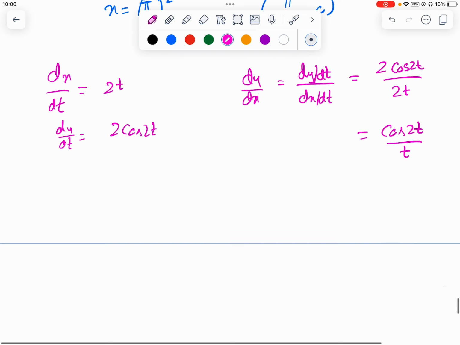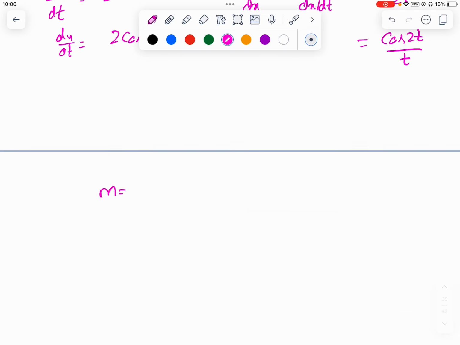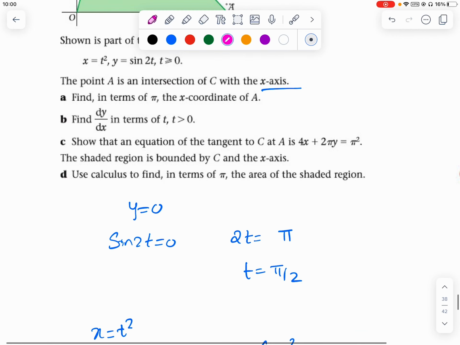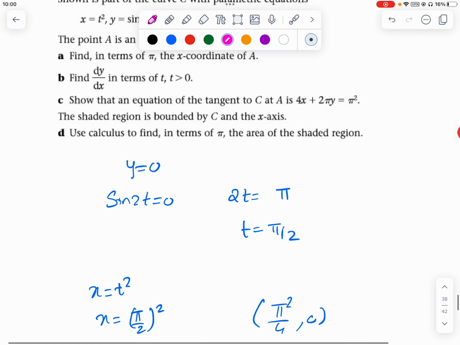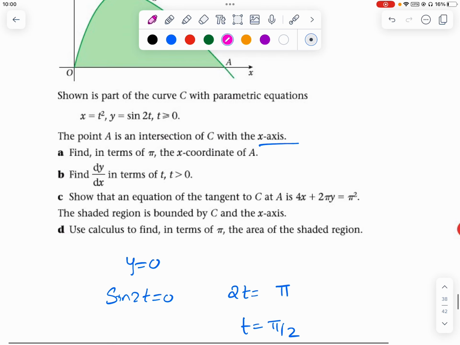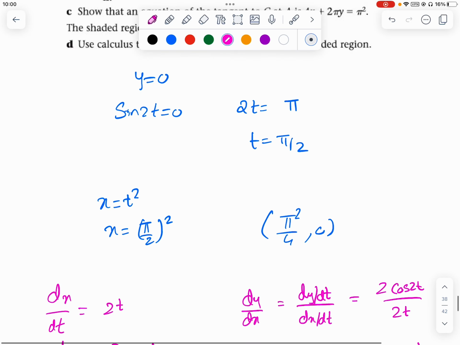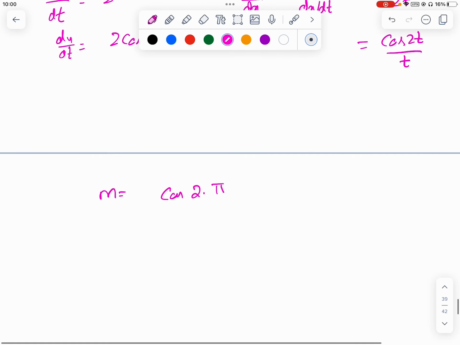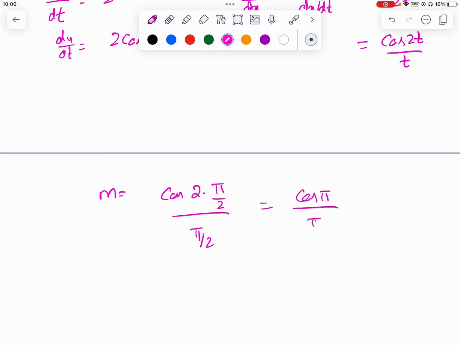Now the gradient of the tangent will become cos of 2 times, what was the t value, at A? At A, the t value is pi by 2. 2 times pi/2 divided by pi/2, which becomes cos pi upon pi/2. Cos pi is -1 upon pi/2, which is -2/pi.